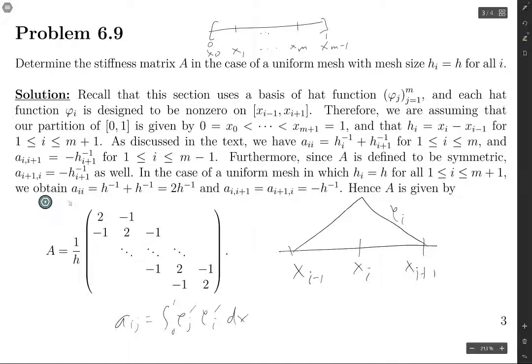If you plug in h_i equals h for every single index i, you just get a_ii is 2 over h, and a_{i,i+1} is the same as a_{i+1,i}, which is negative 1 over h. And so you get this matrix.